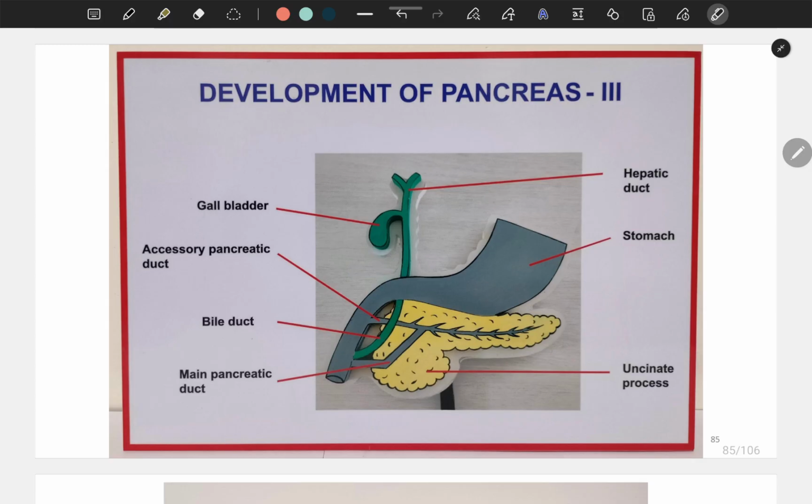Okay. Now you can see the duct system. See, this full is called dorsal duct. This is ventral duct. This is connection between them. Okay. Now, which is the main pancreatic duct? Main pancreatic duct is this.